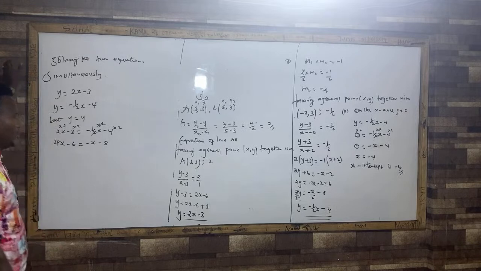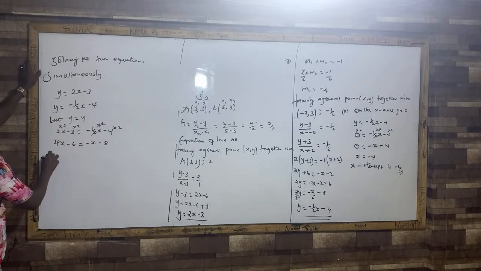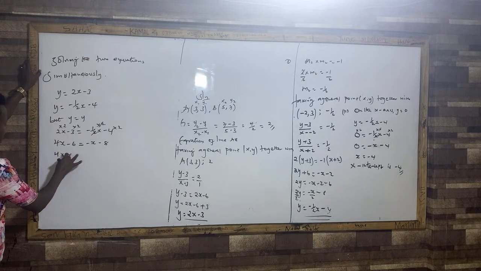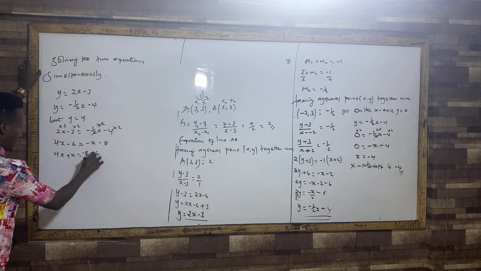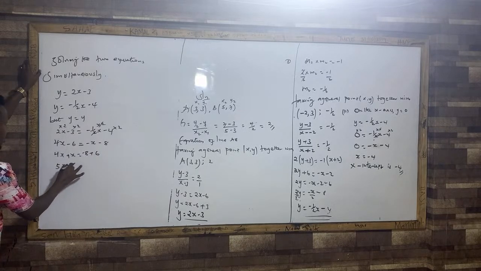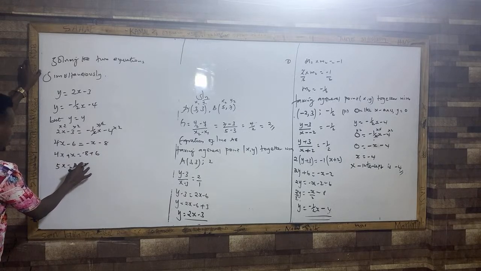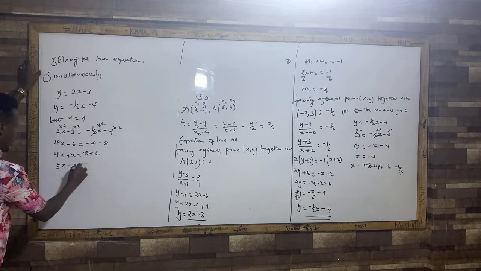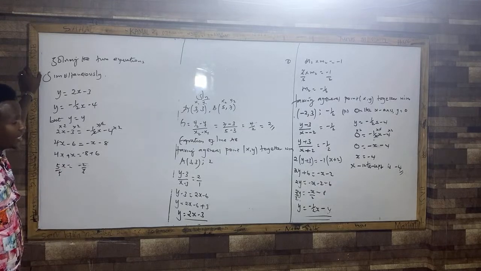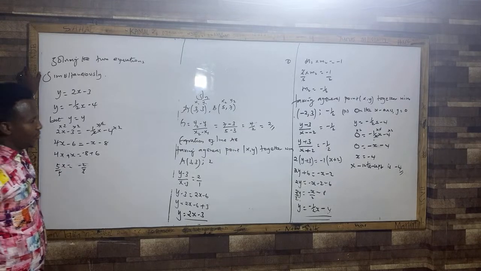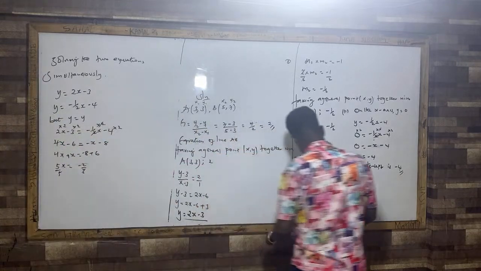Now we're going to say 4x plus x is equal to minus 8 plus 6, so it will be 5x is equal to negative 2, or 5. I think there's something we have done wrong here. I don't know why they're getting this.